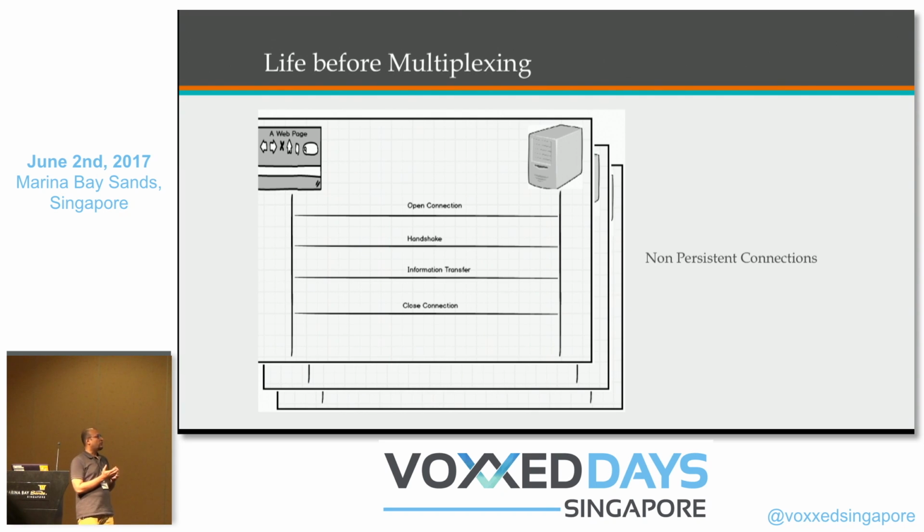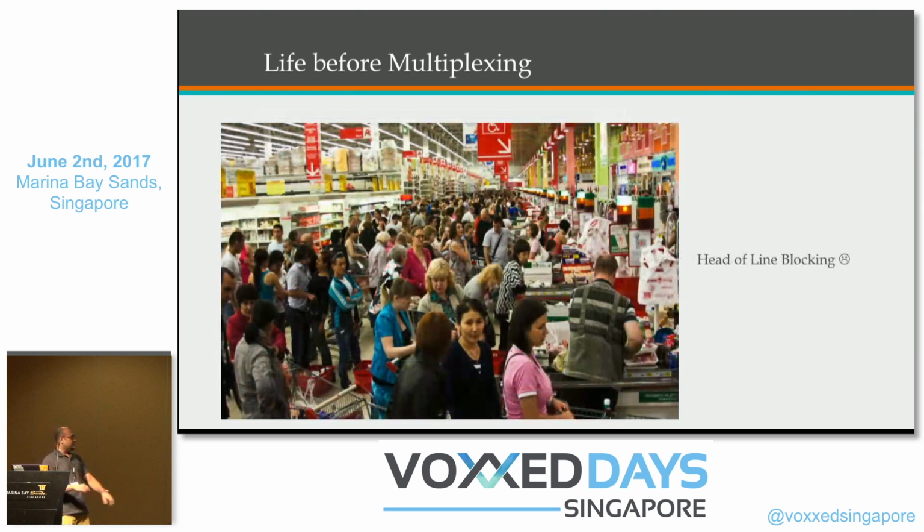So other problems surfaced, and the most common one that web developers always talk about is the head of line problem. This is probably the best analogy I can have for head of line blocking. It's like if you went to a grocery store or supermarket, especially on the weekend, and this is what you get at the checkout counter.